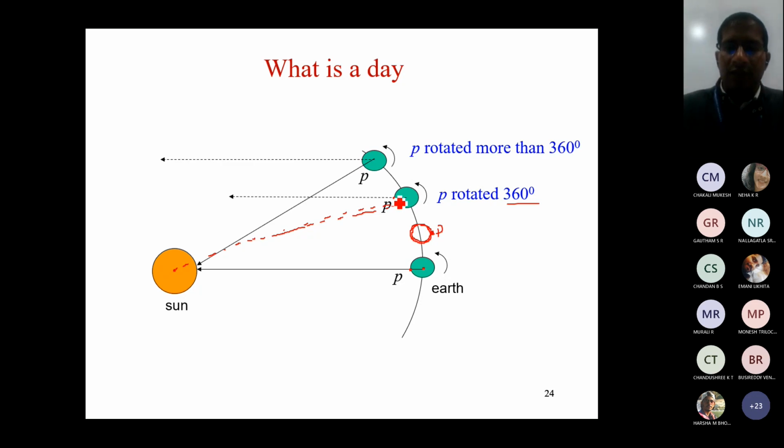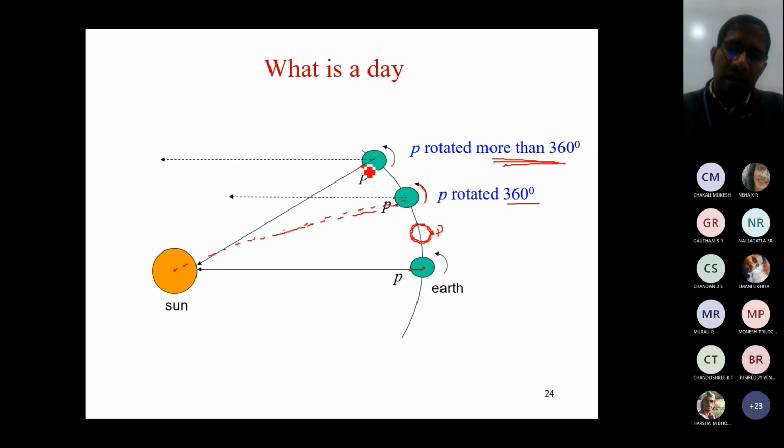You see here. Now, when the satellite completes more than a 360-degree rotation, this particular point P will move, because it is moving in this direction. So now this point P is facing the center of the sun, and at this point you are having noon.